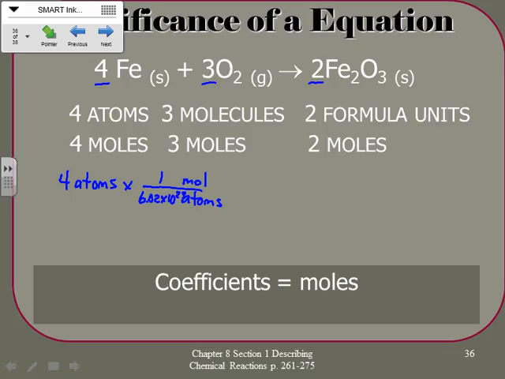You're going to do the same thing over here, right? So if I've got 3 molecules, and then you've got 2 formula units, which I'm going to abbreviate.